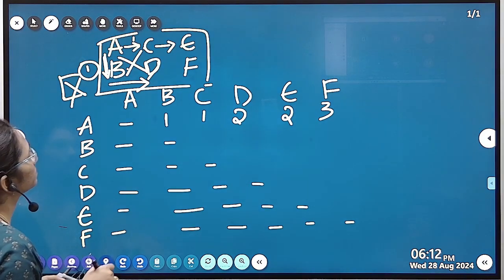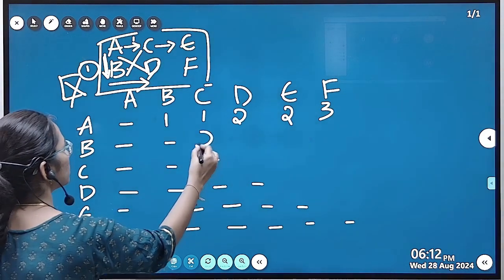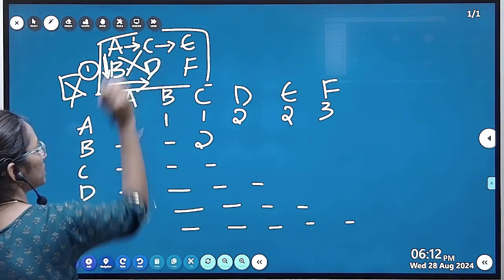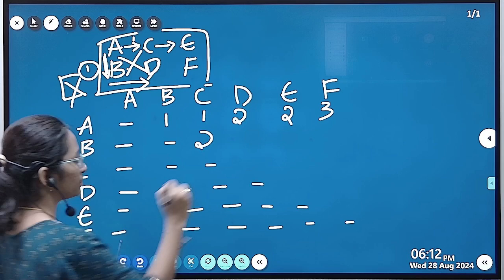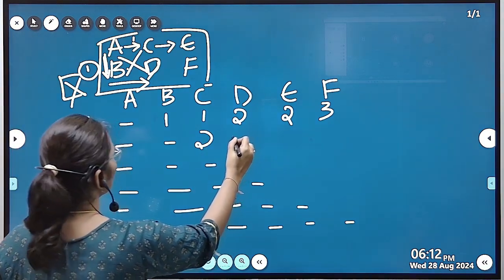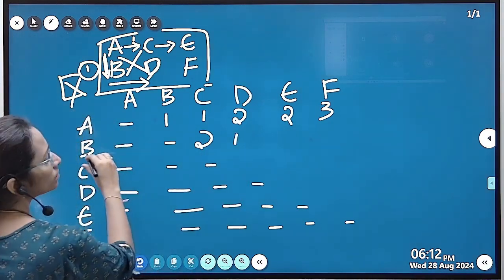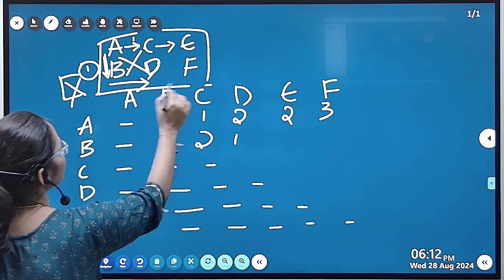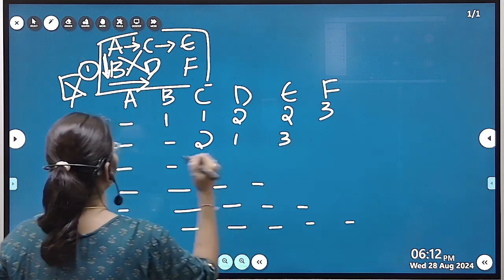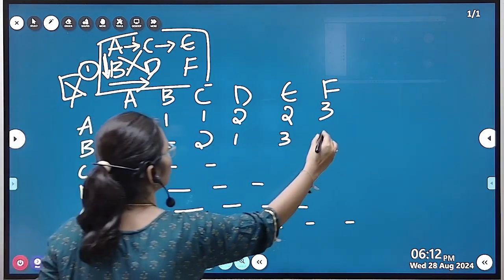B to C, 2. B to D, 1. D to C, 1. 1 plus 1 is 2. Next B to E, 3 and 2.